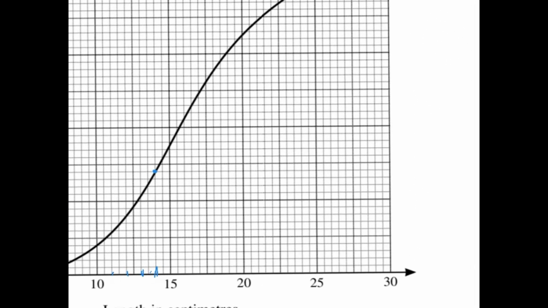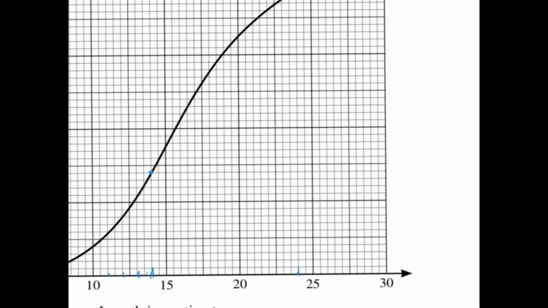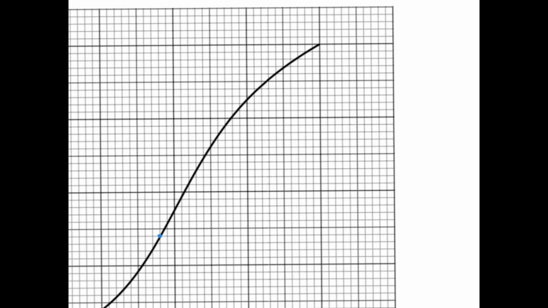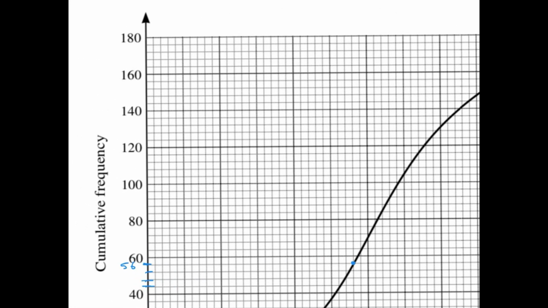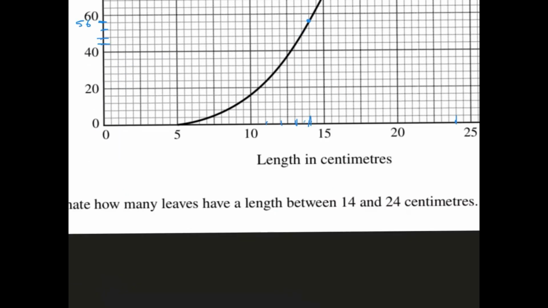And then we have 24, so 24 will be over here. So if you can see, it's a little below the line. So it's somewhere over here. So it should be, this is 144, 148, 152, this is 156. So if this is a little below 156, then we can say it's 154, right?